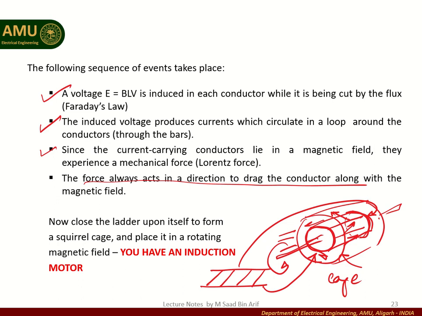Okay, so from this discussion you have a clear idea that what we require is a rotor type of structure and a stator to produce a revolving or rotating magnetic field, and we have to place that rotor in that field in order to get the structure of an induction motor.